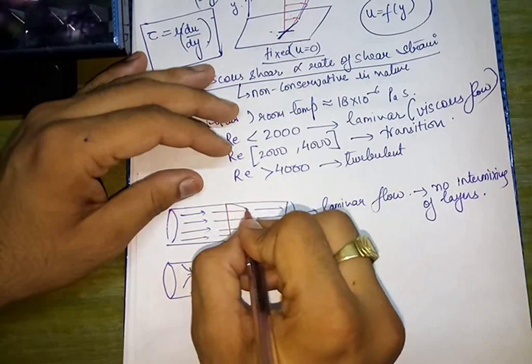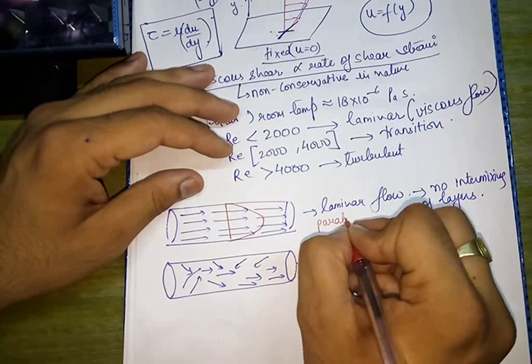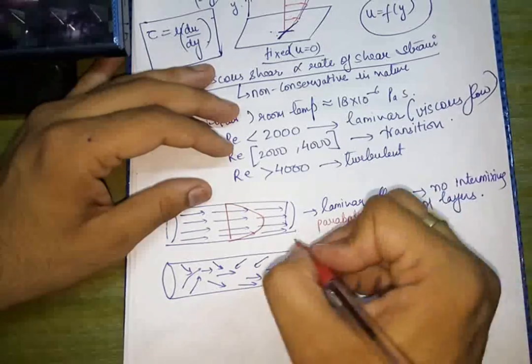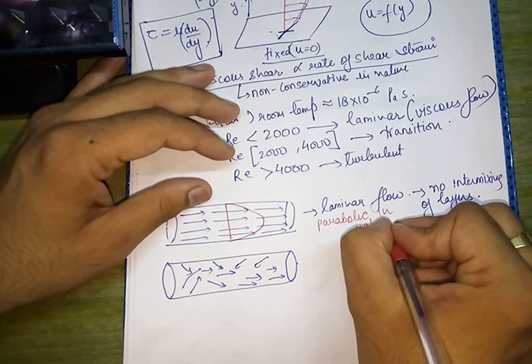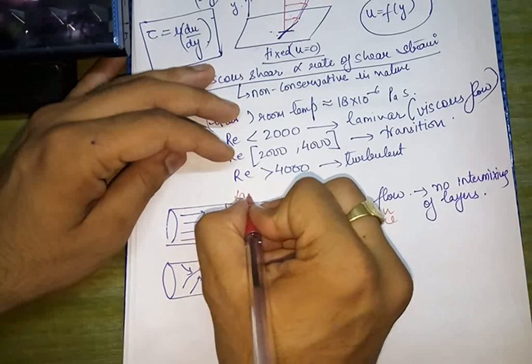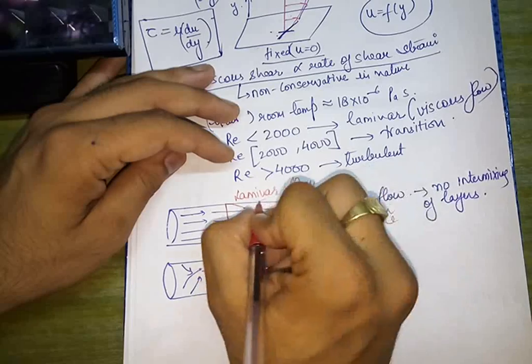Now if we look at laminar flow, the velocity distribution is parabolic in nature. Please remember this, that velocity distribution is parabolic in nature in case of laminar flow.